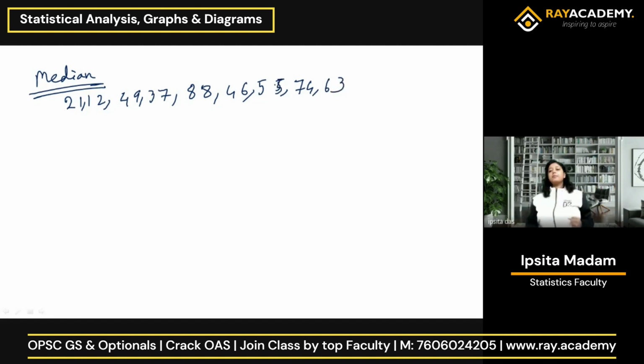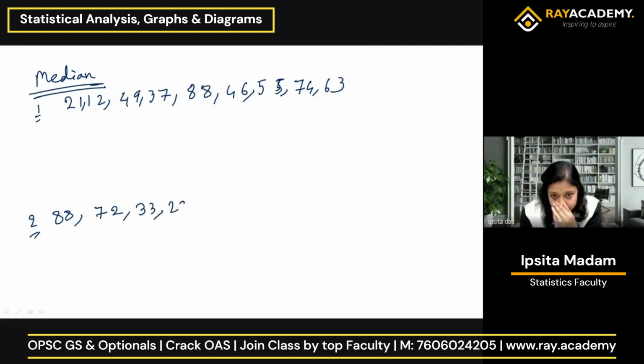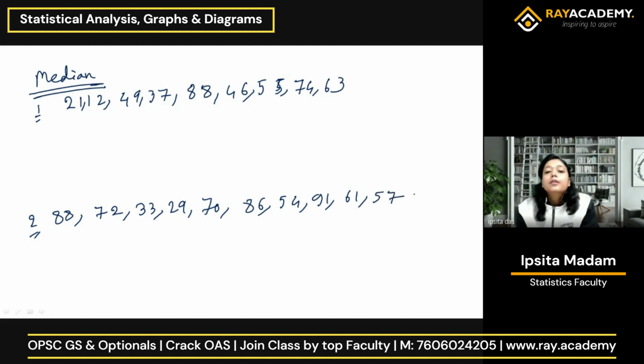For this type of data, this second example also we have discussed: 88, 72, 33, 29, 70, 86, 54, 91, 61, 57. Whatever, there is no frequency case.